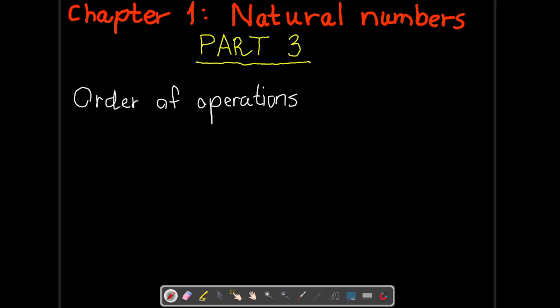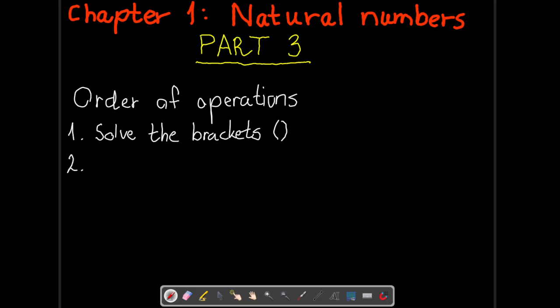This is pretty much all what we will need to solve the next problems. So, what we do first when we have an expression, we solve the brackets. So, whatever is inside the brackets, we do that first.